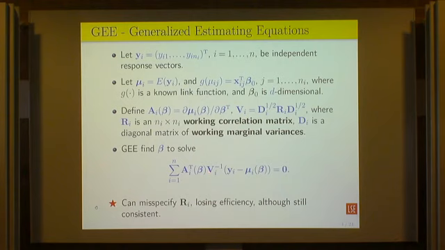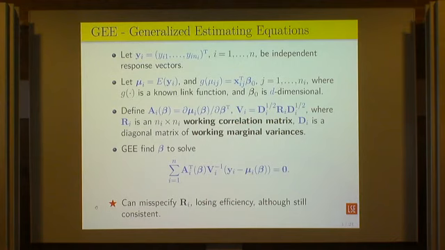It's the derivative with respect to beta times the precision of the correlation, and then multiplied with the error vector yi minus mu i. In general, it's a nonlinear equation in beta. If we can solve this, then the beta that solves it will be the generalized estimating equation solution.